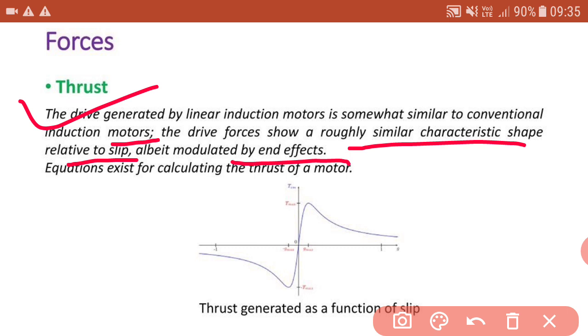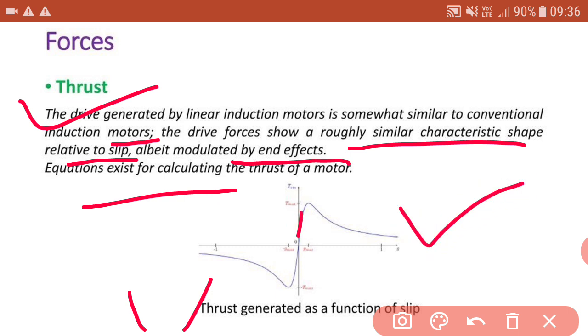So its speed-torque characteristics are roughly similar to a three-phase induction motor. An equation exists for calculating the thrust of a motor. So thrust will be generated as a function of slip, and this is the characteristic of torque versus slip, which is roughly equal to induction motors.